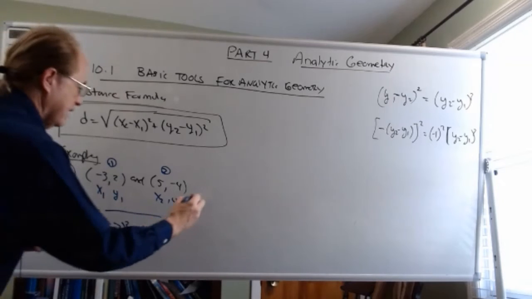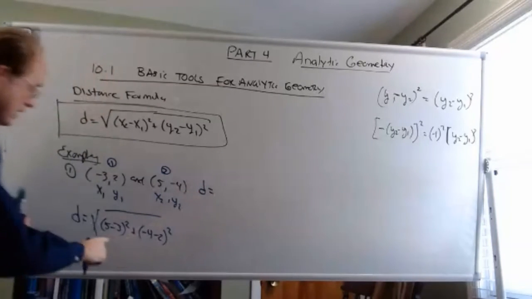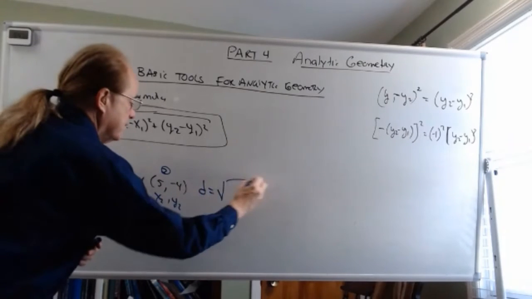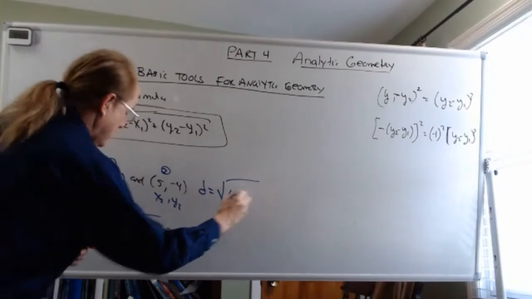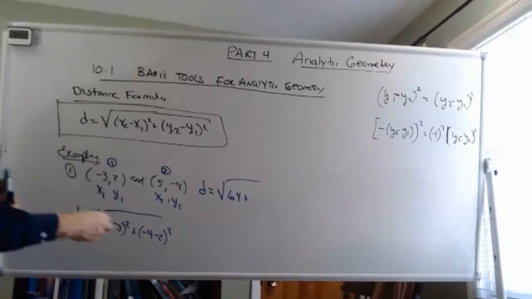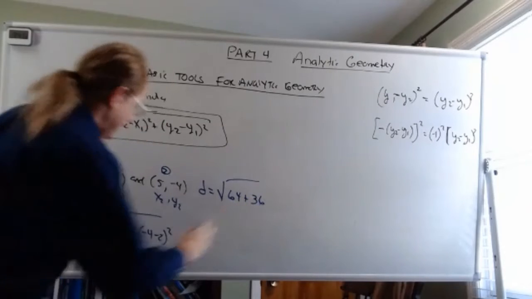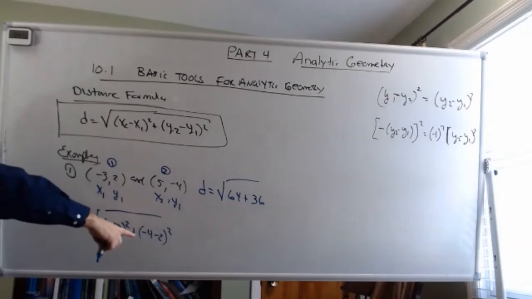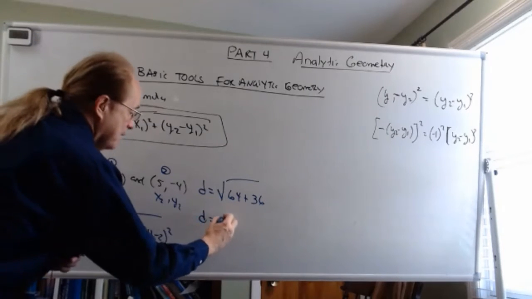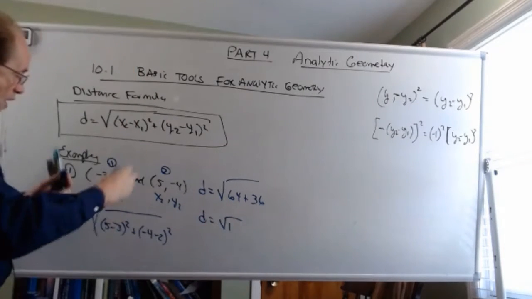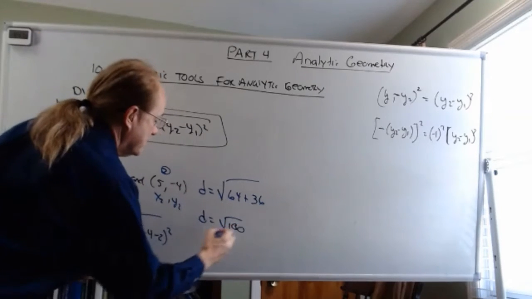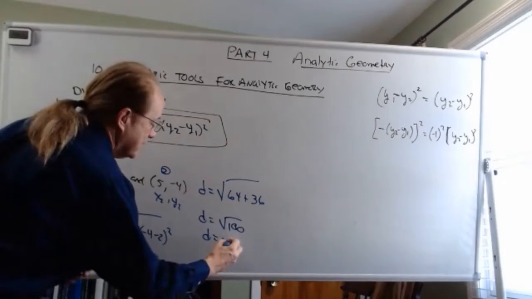And squaring everything out, I have my distance is equal to 5 plus 3 is 8, so I get the square root of 8 squared, which is 64, plus -4 minus 2 is -6, so I get 36. Positive, because I'm squaring it, -6 squared gives me positive 36. So the distance here happens to be, I just arbitrarily made it all work out, I guess that's 3, 4, 5 going there, the square root of 100, which is exactly equal to 10.